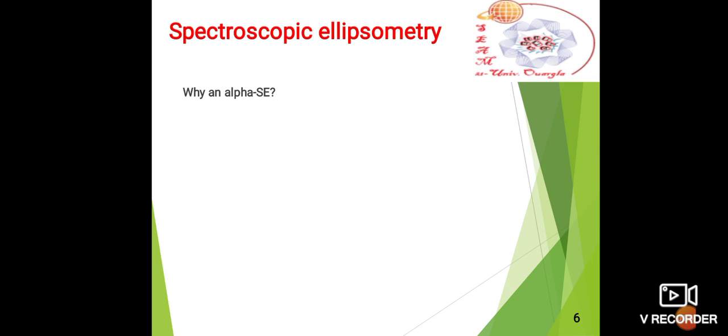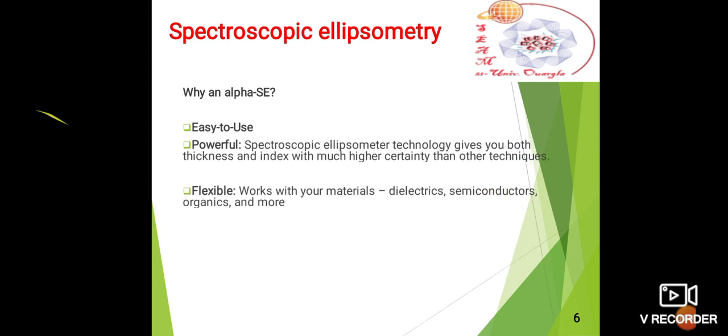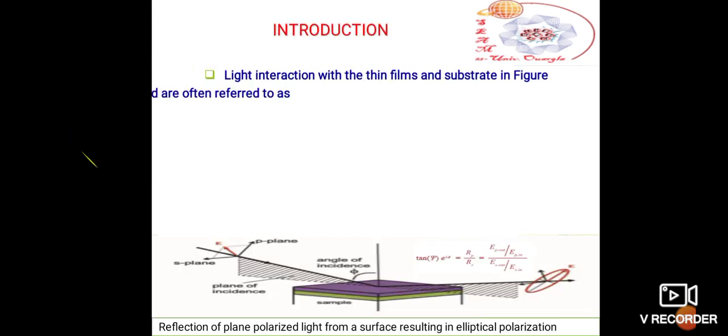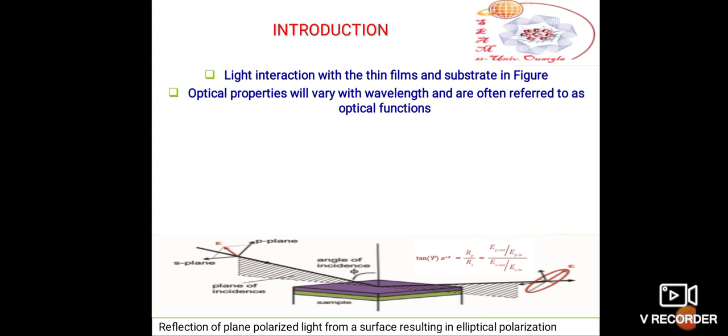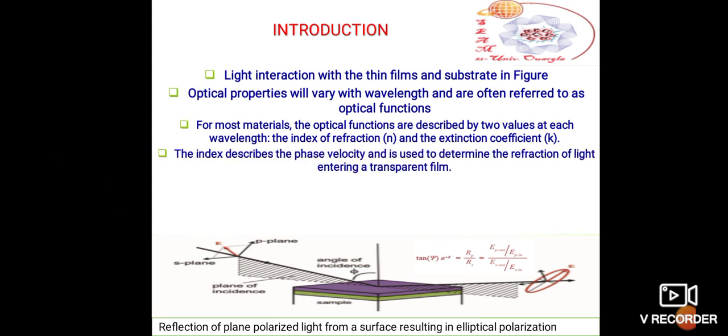Spectroscopy ellipsometry. Why spectroscopy ellipsometry? It's easy to use, powerful, flexible, affordable, and fast. In the light interaction with the thin film and substrate in the figure, optical properties will vary with wavelength and are often referred to as optical functions. For most materials, the optical functions are described by two values at each wavelength, the index of refraction n and the extinction coefficient k.